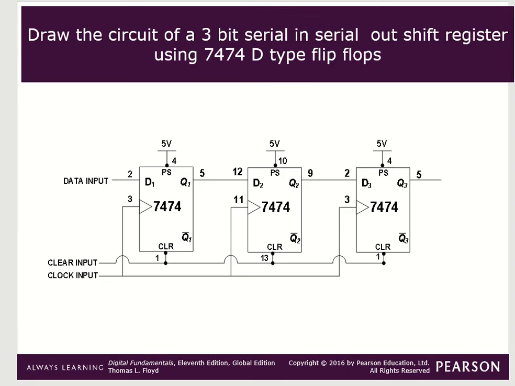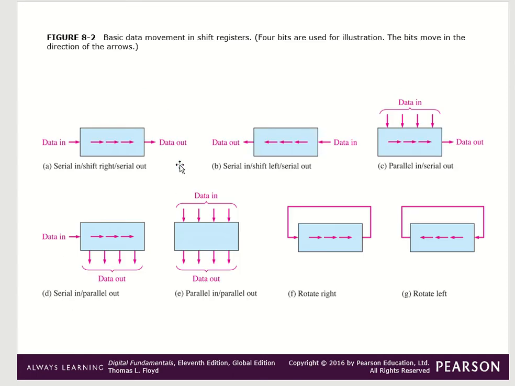So here: draw the circuit of a 3-bit serial in serial out shift register using D flip-flop. Before that, what is this serial in serial out? There are 4 types of shift register. What are they? Serial in, serial out.